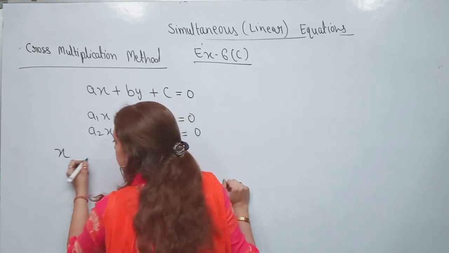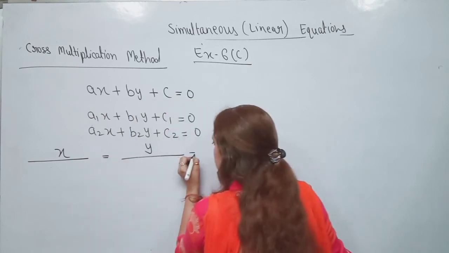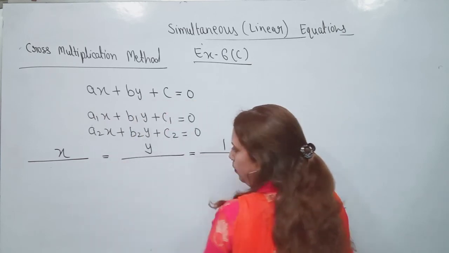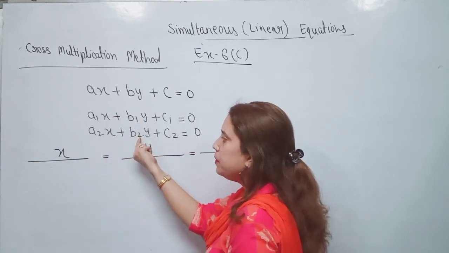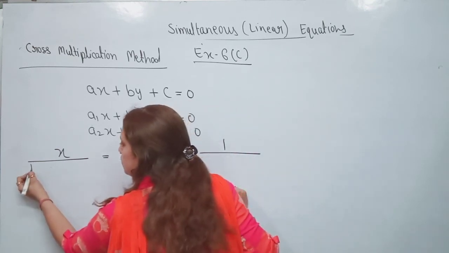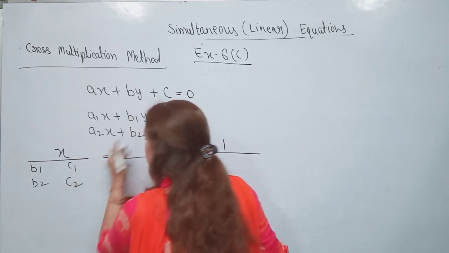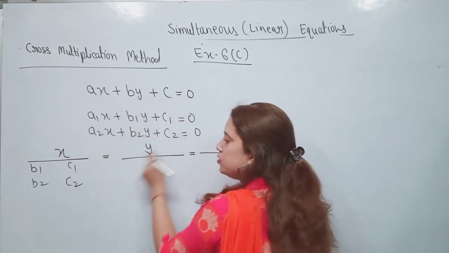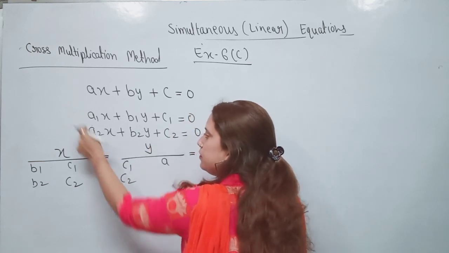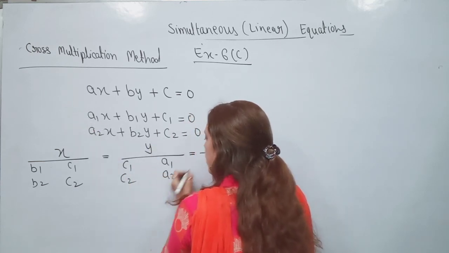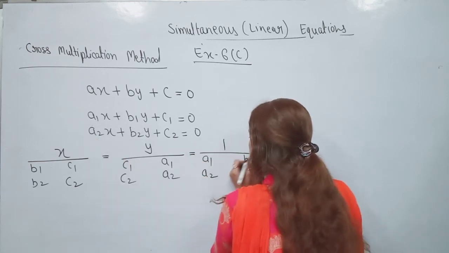First we write x upon, y upon, then 1 upon. For the x term we start with b1 b2, then c1 c2, then b1 b2; for the y term, c1 c2, then a1 a2; and for the last term, a1 a2, then b1 b2.